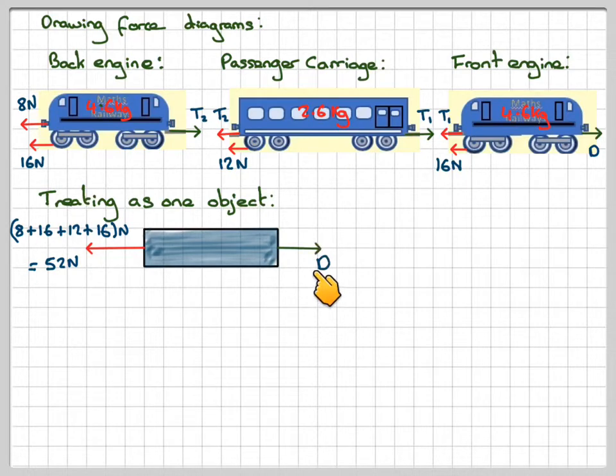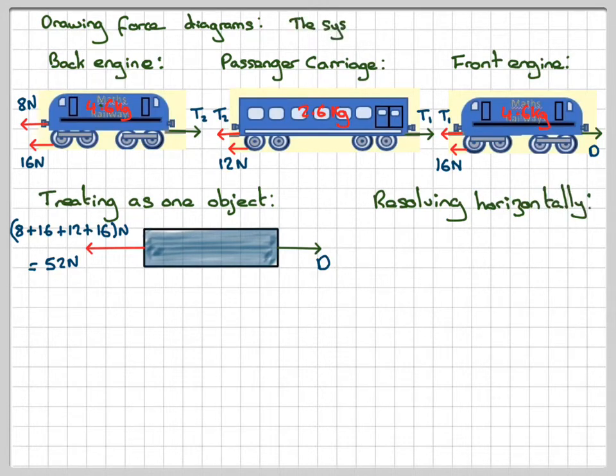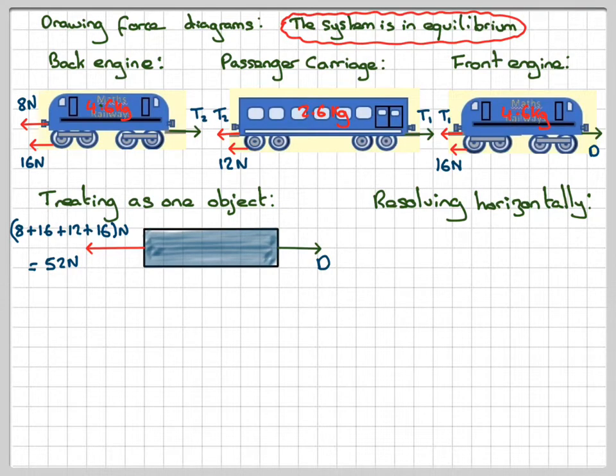And going this way will be the driving force. As the system is in equilibrium, i.e. moving at a constant speed, then we know that D minus 52 will be equal to 0. And that gives that D will be equal to 52 newtons.